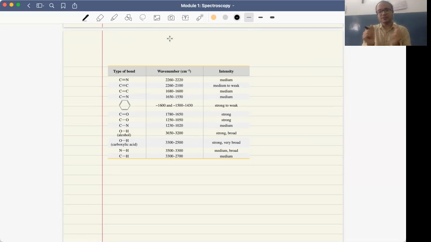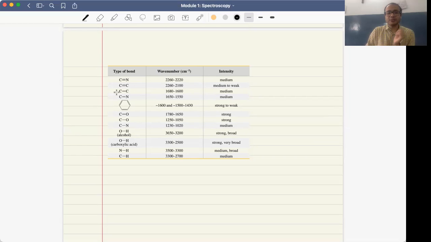So bending vibrations are usually at a lower frequency, and stretching vibrations at a higher frequency. Bending vibrations come in the fingerprint region, and stretching vibrations come in the functional group region of the infrared spectrum. That is why most of the time, what you measure in infrared spectrum as an organic chemist are the stretching vibrations in the functional group region.